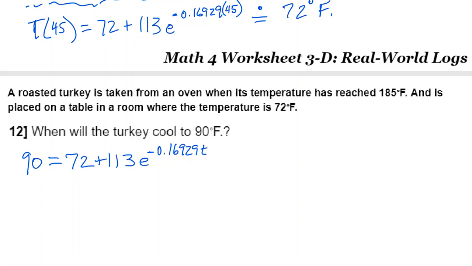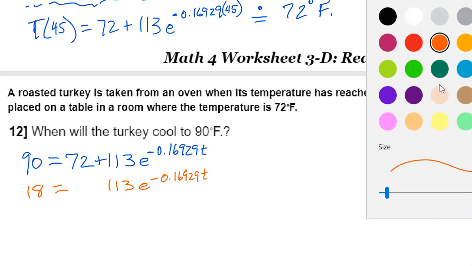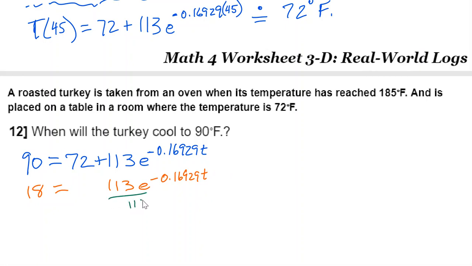All right, so we are going to subtract 72 from both sides, and we're going to divide both sides by 113.